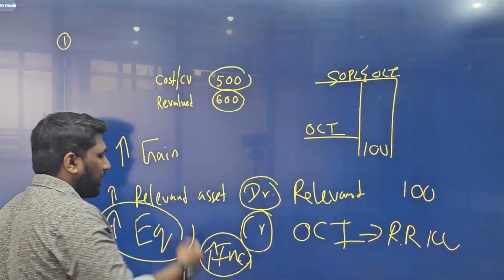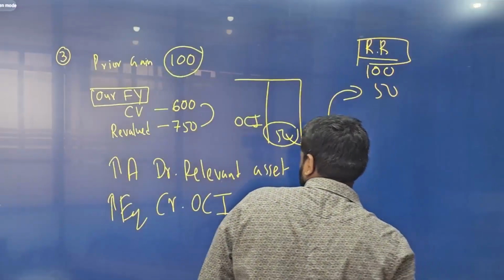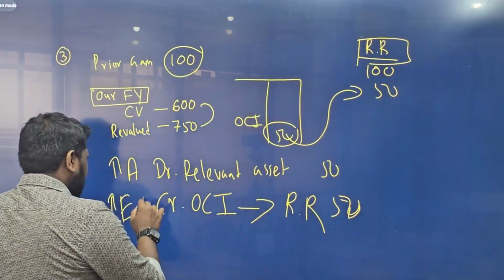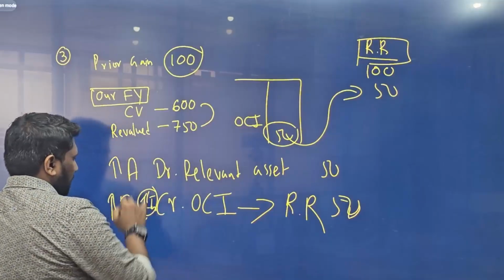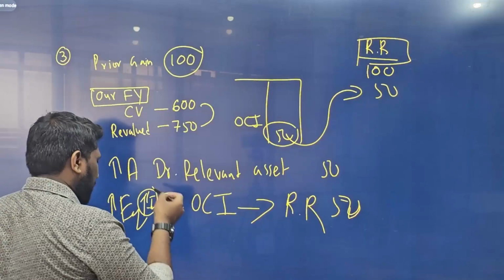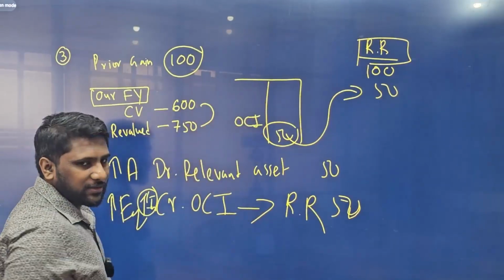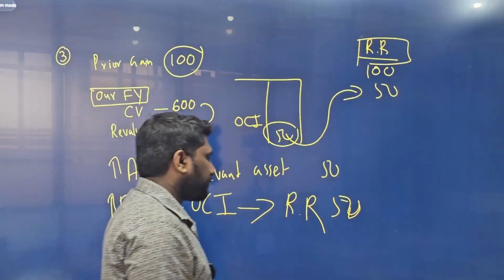So after that only equity will increase. In this question also, actually first it is an increase in the income because it's a part of the income statement. After that, when OCI goes and gives it to Mr. Revaluation Reserve, equity will increase. That's how it will happen.